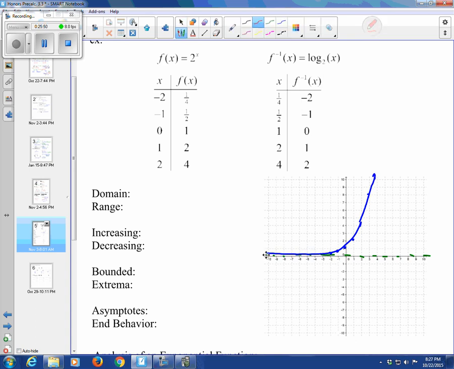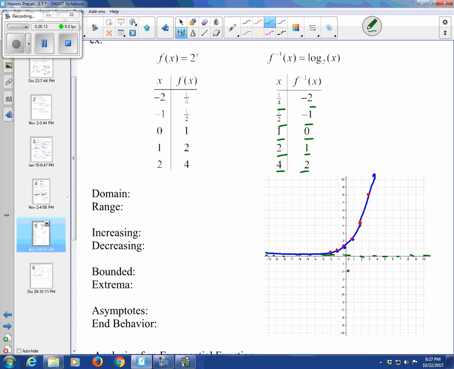Now, if we highlight these points and think about what an inverse is going to do, we know that the inverse is going to switch every x and y, right? So right here, graphing these points, for an x value of 1/4, we're going to get a y value of negative 2.